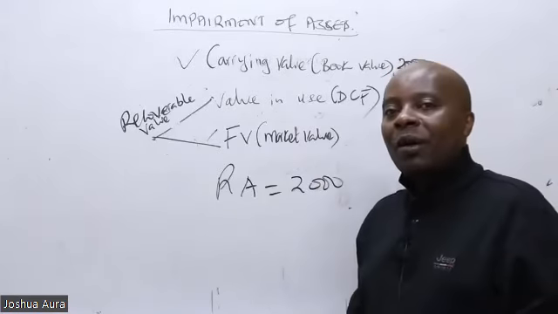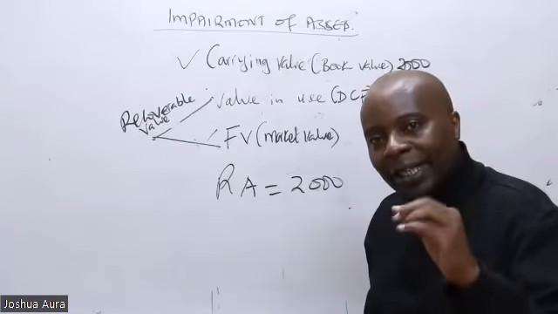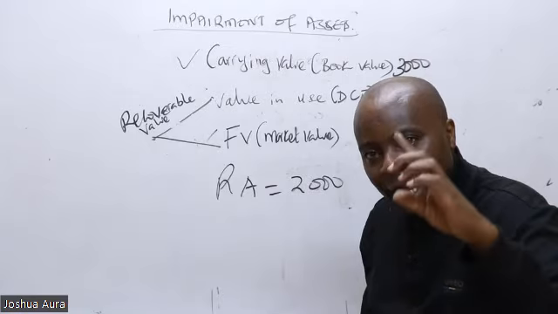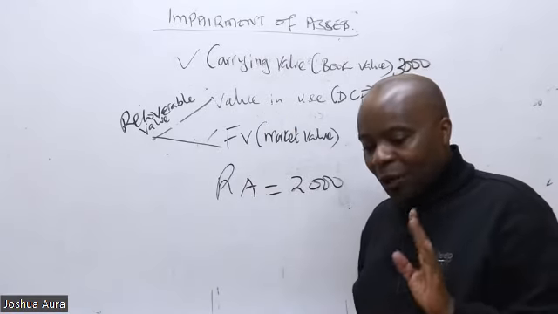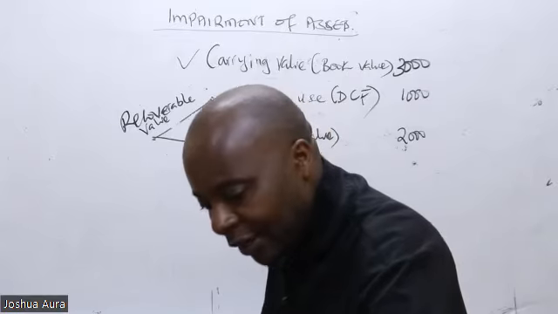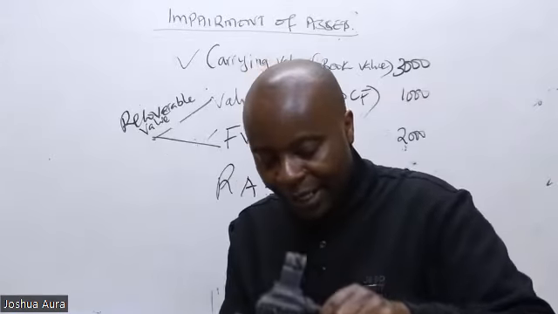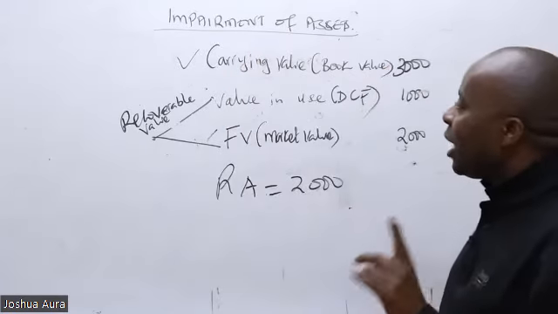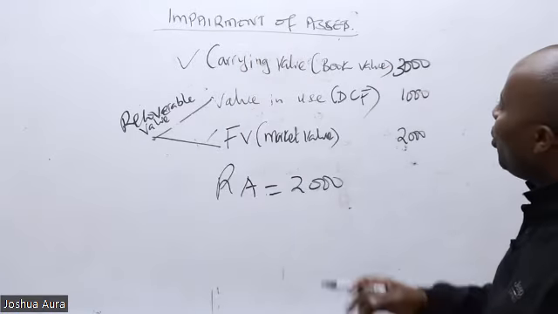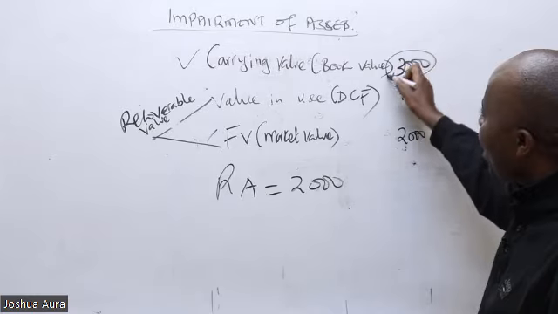Remember that recoverable amount is normally the higher of these two. Now from there, I know how much I'll be able to recover from this camera. It's 2,000. So knowing that I can only recover 2,000, and then you look at this amount which I'm carrying this thing at.